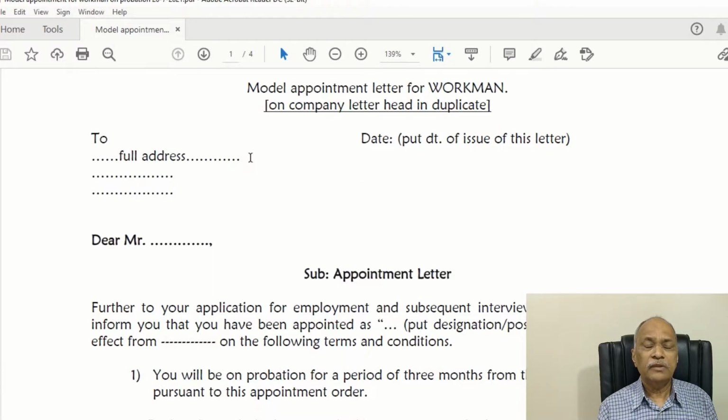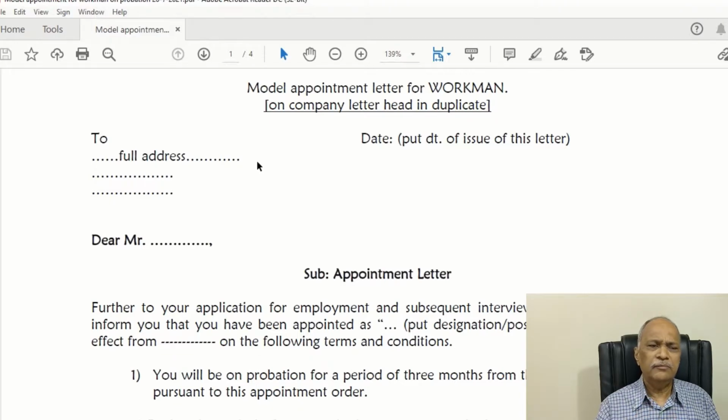As you know, the appointment letter is issued normally after the process of completion of employment application, interview, salary negotiation, and all the positions, etc. Once we conclude this part, then at the time of joining, the company has to issue this appointment letter to the respective workman along with all the applicable details so that there is no confusion as such.